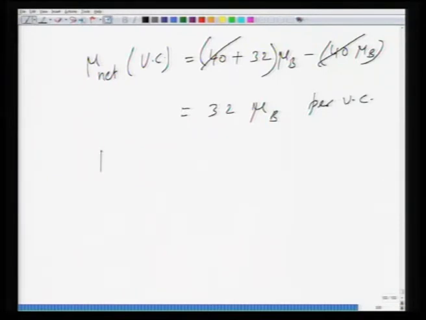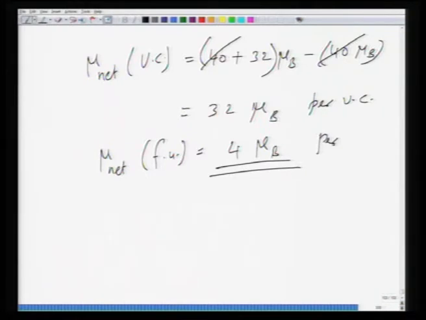If you want to calculate mu net per formula unit, it will be 4 Bohr magneton per formula unit, which is a very large magnetization considering magnetic materials.